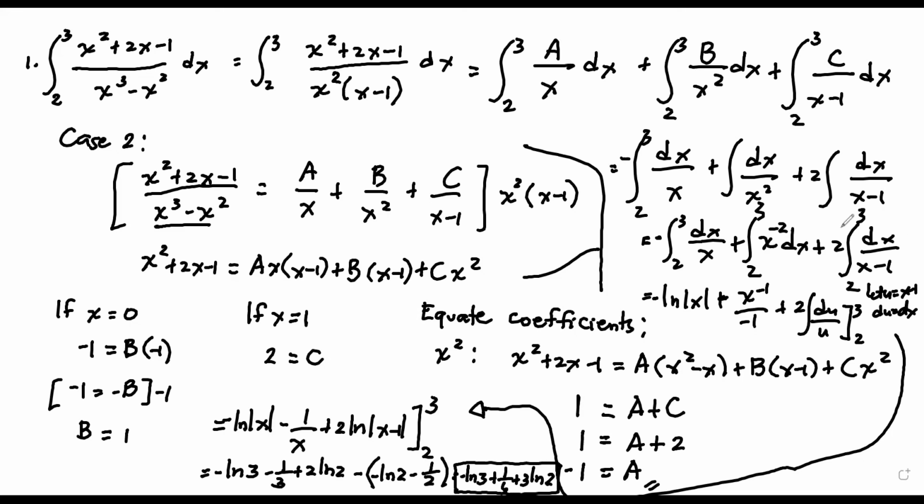Mostly, for rational functions, we always get the form du over u, so mostly the answer has ln. Not all the time. Like this one, we use the power rule. Okay? Question? Can we proceed to next example?